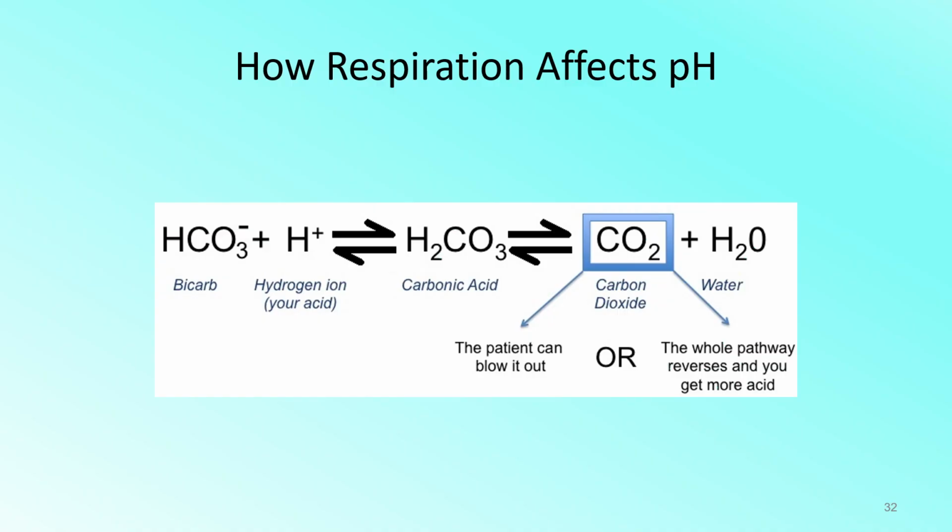And here's the primary way with how ventilation affects pH. This is a great formula to memorize. All right, I'm going to start over here on the right, because CO2, if you blow it out or you build up CO2, reacts with water to form carbonic acid. We actually have enzymes that will facilitate this.